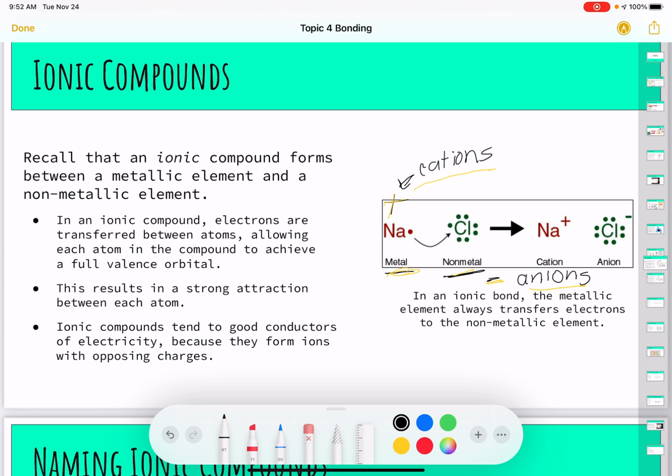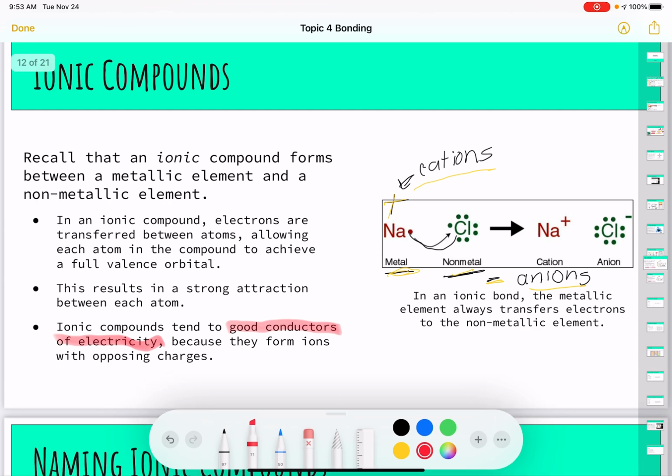So when we're transferring an electron like this, from your sodium to your chloride, we can harness the energy of that transfer, and that's really what electricity is. So these are really good conductors of electricity, ionic compounds.